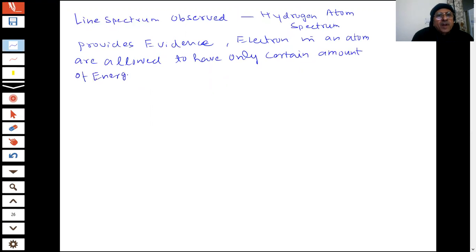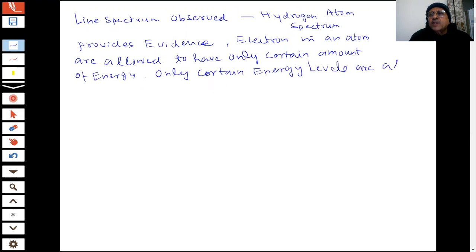So that means only certain energy levels are allowed, in which electrons will live.